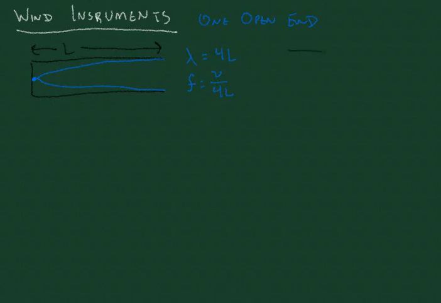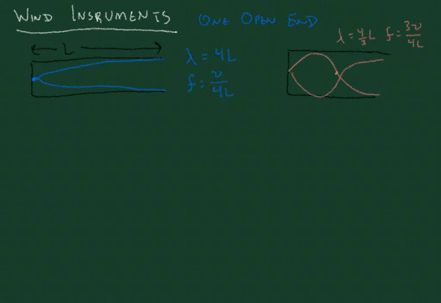We go to the next wave up, so we add a node. In this case, lambda is going to be equal to 4/3 L, so the frequency is going to be 3 times the speed over 4L.